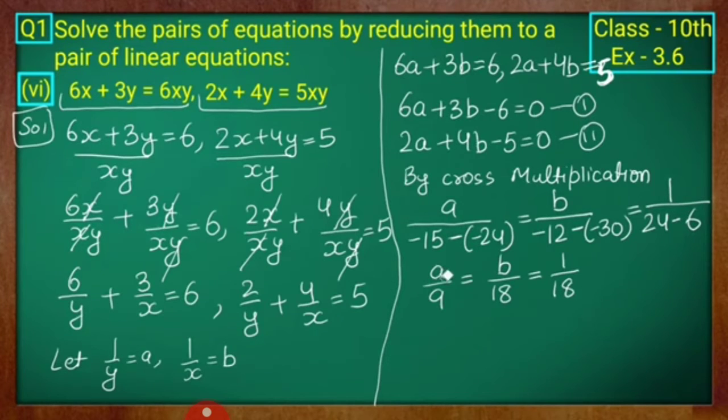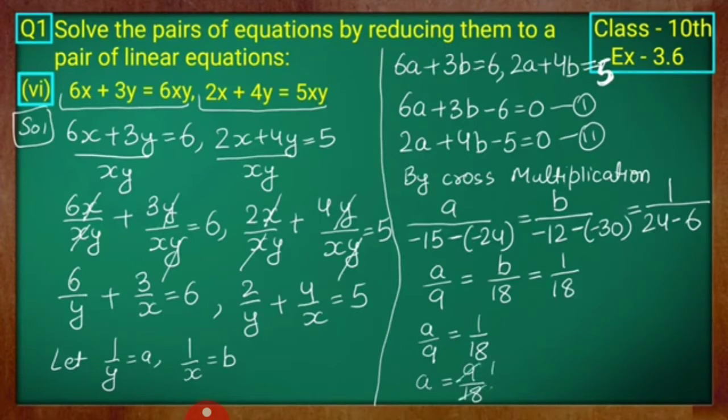So now for the a term we need to take the first and last term. a upon 9 is equal to 1 upon 18. So after simplification, a will be 9 upon 18.